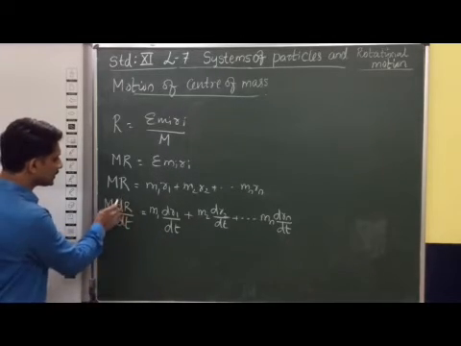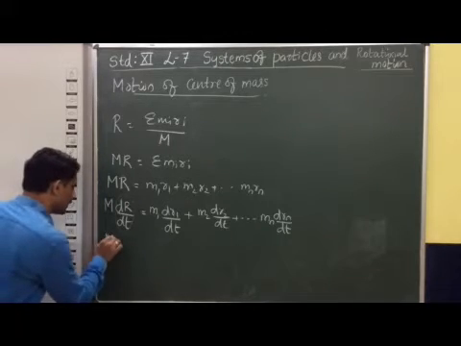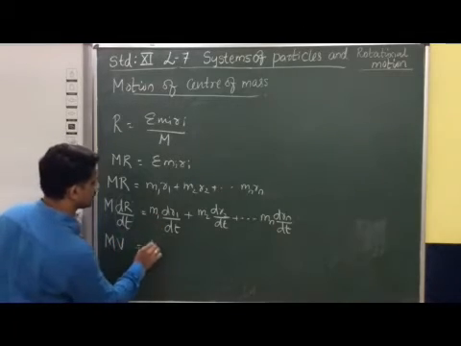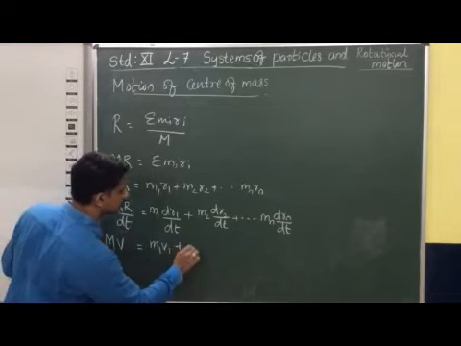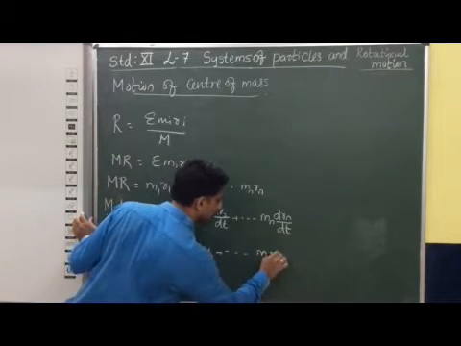You can observe that this is the rate of change of displacement, so we can represent this as M into V. So M into V is equal to m1 into v1 plus m2 into v2 plus etc., up to mn into vn.